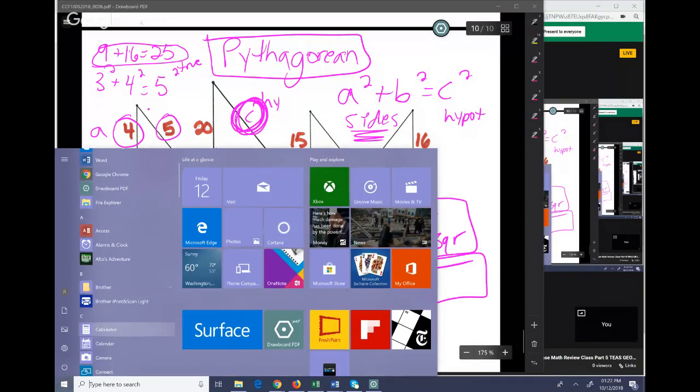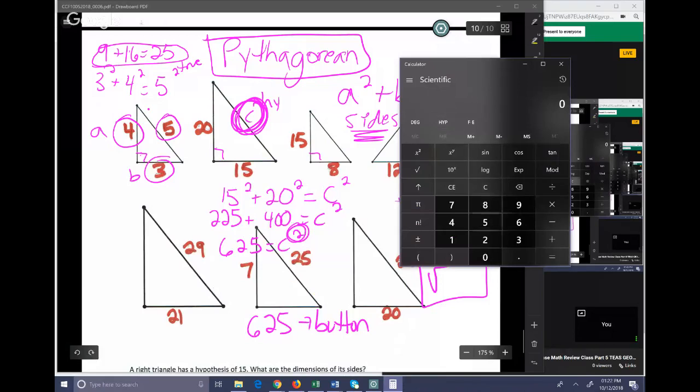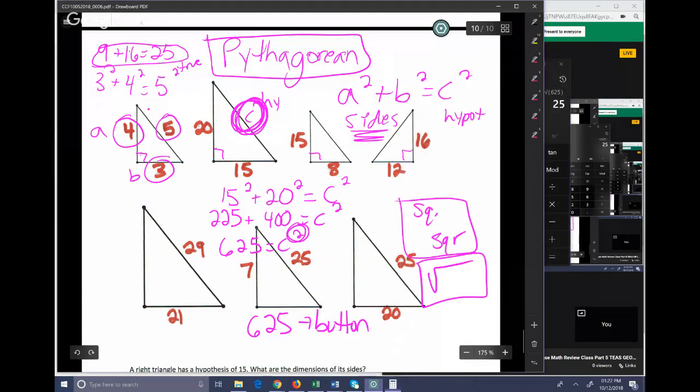They're usually going to let you have an even number that comes out. This calculator does have a square root sign. It's right here. But it could also say SQ or SQR, something like that. If it looks like they're trying to spell out square root, that's what they're doing. So when I square root 625, I find out that c equals 25.